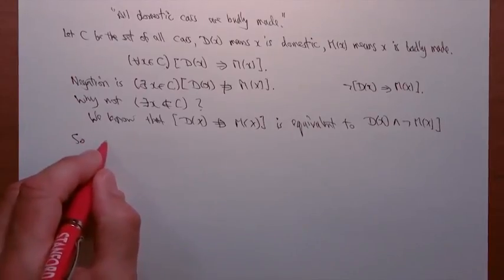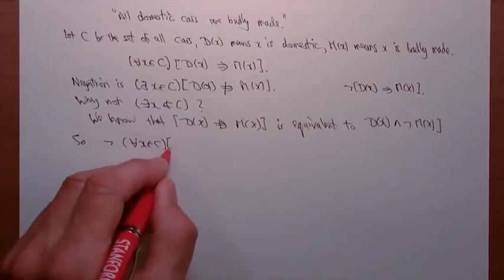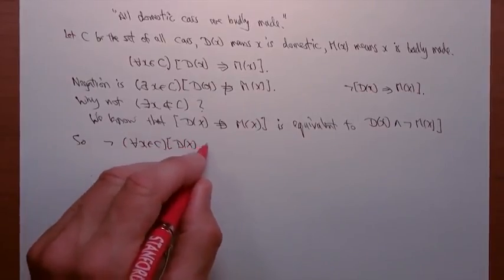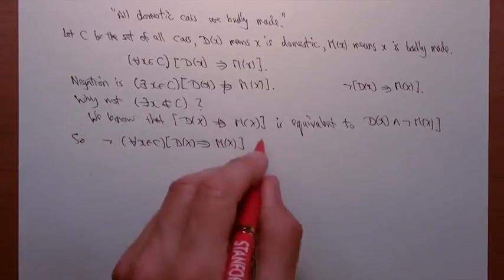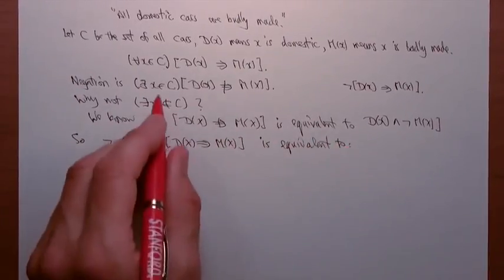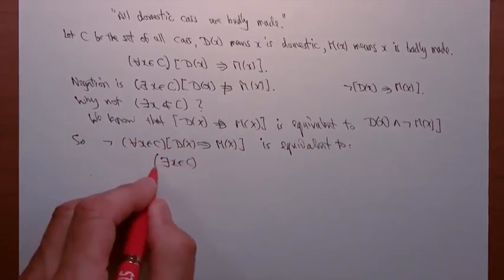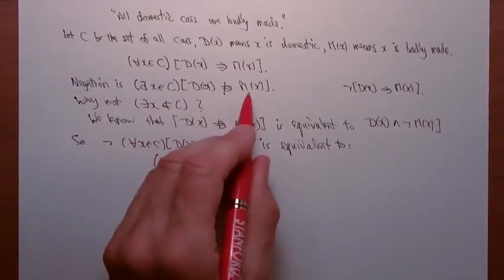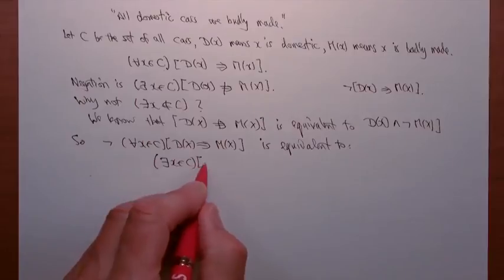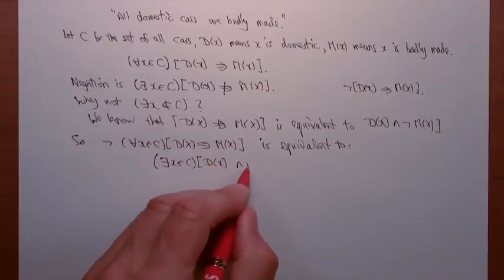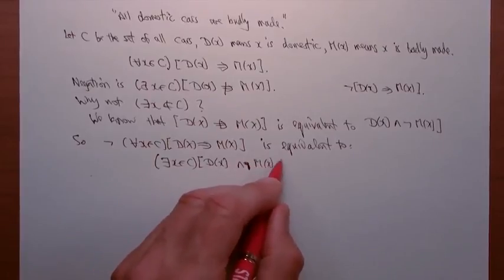So the negation of the original sentence, which is this, is equivalent to there exists x in C, this part is the same as this part, D of x and not M of x.